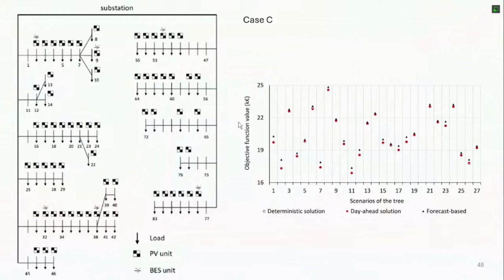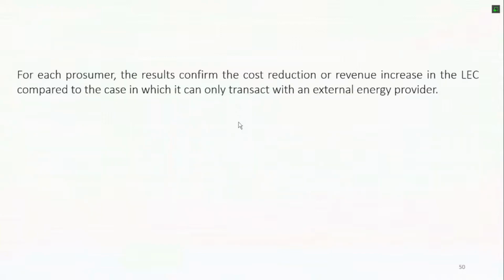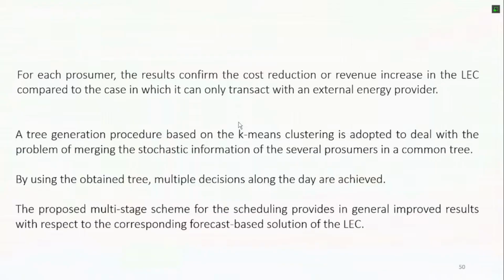If you have some comments, there are just the conclusions. We have seen the structure of the scheduling, the centralized procedure, where the prices are the Lagrangian multipliers of the constraints. In the distributed procedure, the prices are updated at each iteration, but at the end, the results are very close. For each prosumer, the results confirm the cost reduction, and the tree-generation procedure based on k-means clustering is adopted to deal with the problem of merging the stochastic information by using the obtained tree.